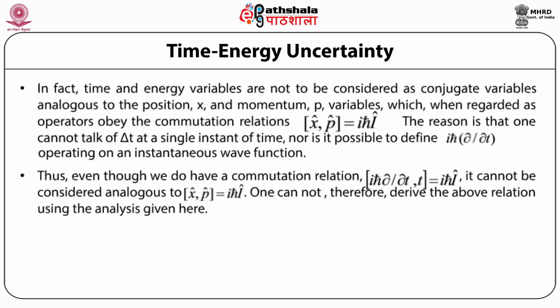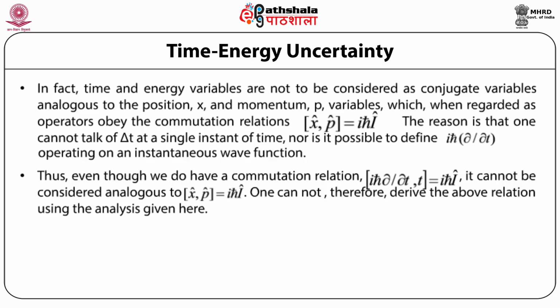Thus, even though we do have the commutation relation in the time and the energy variable given by iota times h cross times partial derivative with respect to time, and time, is equal to iota times h cross times the identity operator I, it cannot be considered as analogous to the commutator of operator x and operator p being equal to iota times h cross times the identity operator I.